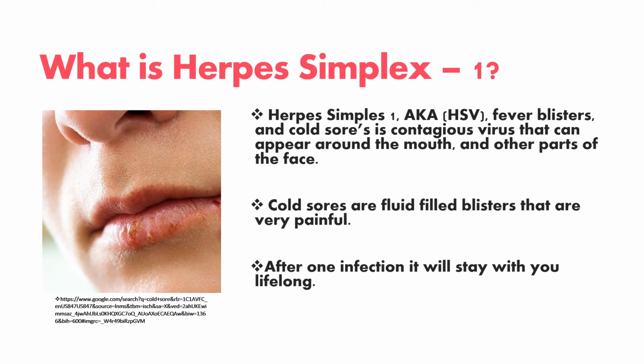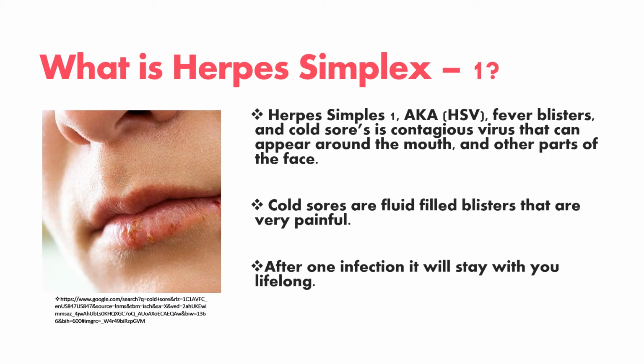So, what is herpes simplex 1? There are two types: herpes simplex 1 and herpes simplex 2. Herpes simplex 1, my project, is more of cold sores on the face and around the mouth and mucosal areas.